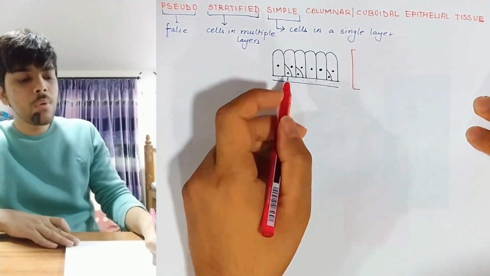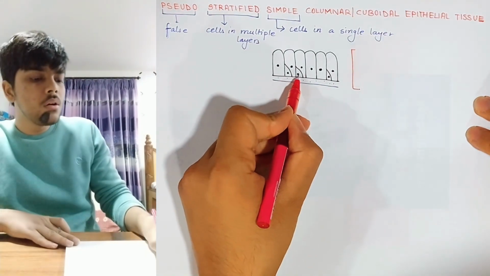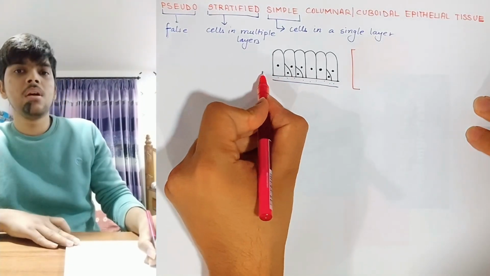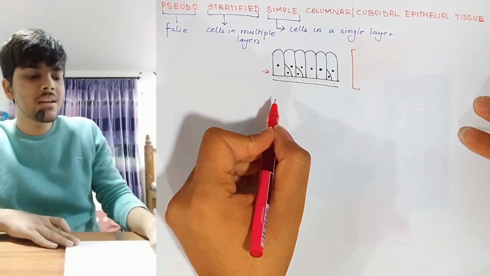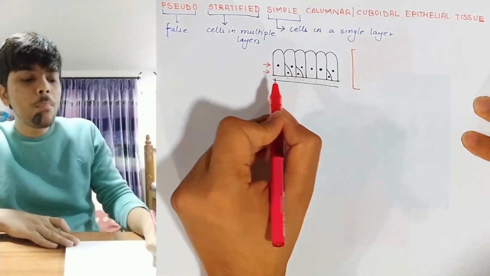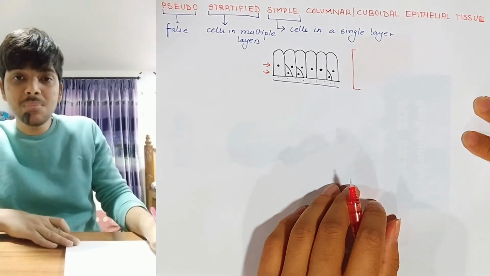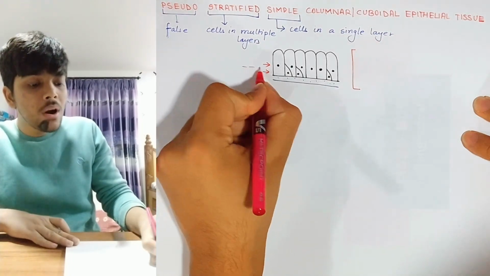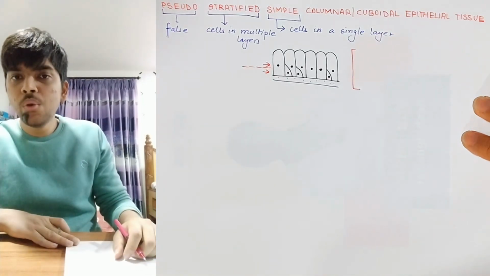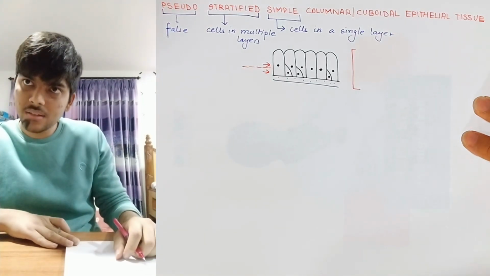The nucleus that are present below will appear as lower layer, and the nucleus that is present at a higher level will appear as the upper layer. So it seems as if there are lower and upper layers, when in reality those are all nucleus placed at different places.